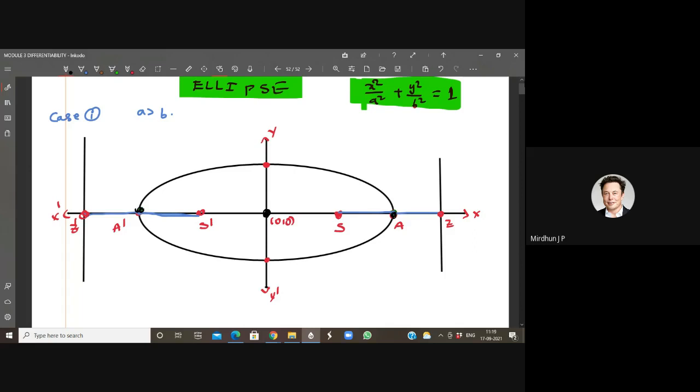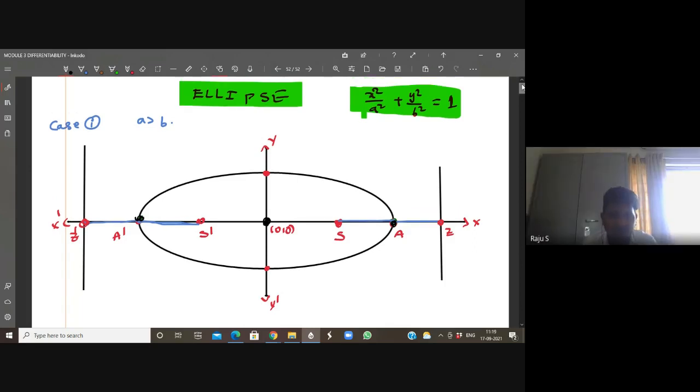If you take a comma 0, when you find the distance, it's not like that. What about A? A clearly lies on the ellipse. This is the ellipse: x square by a square plus y square by b square is equal to 1.